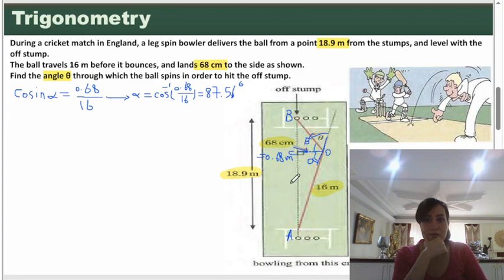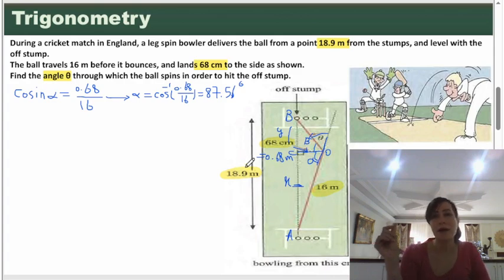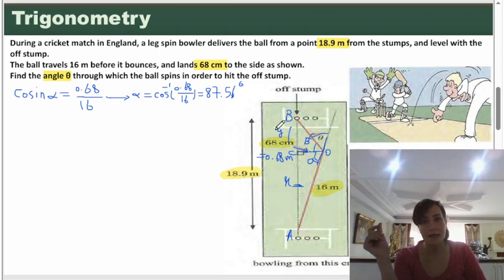If I have this length and subtract it from 18.9, I can find this length, which I call y. And let me call this one x. So if I find x and then subtract it from 18.9, I can get y. So with y and this side, I can find beta.